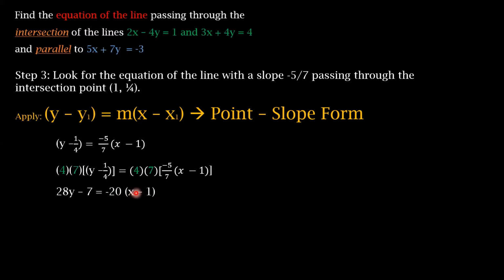Again, multiplied by x minus 1. Simplifying this, we have -20 times x, that's -20x, and negative 20 times negative 1, that would give us positive 20. So we have now 28y minus 7 is equal to -20x plus 20.